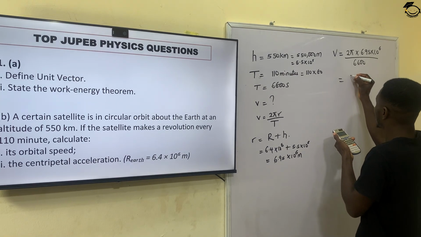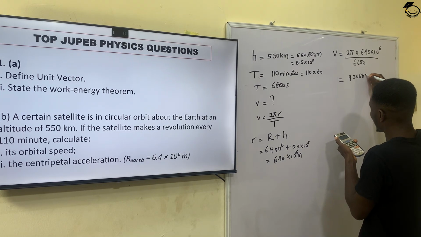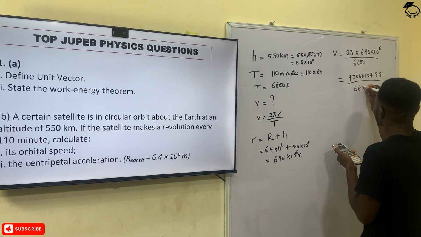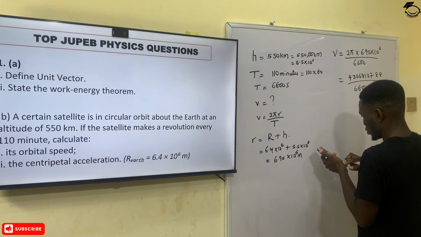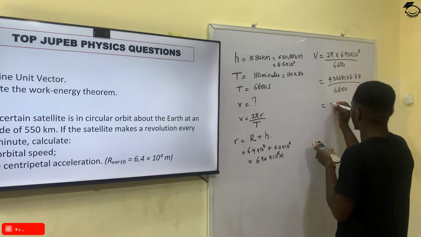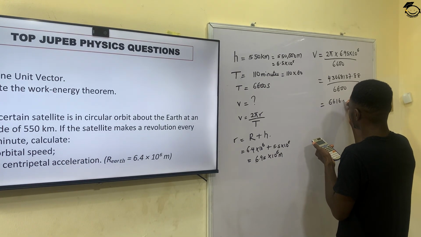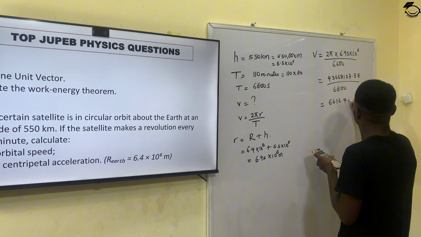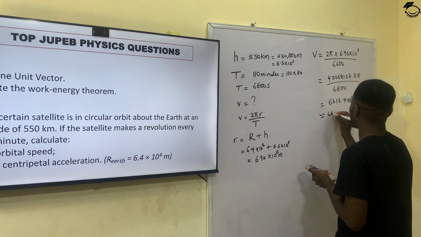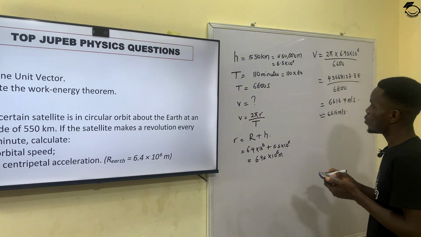So this will give me 43668 divided by 6,600, which is 6616.4 meters per second. This is approximately 6616 meters per second if you want to put it in whole number.